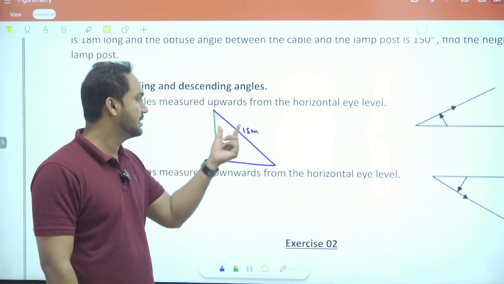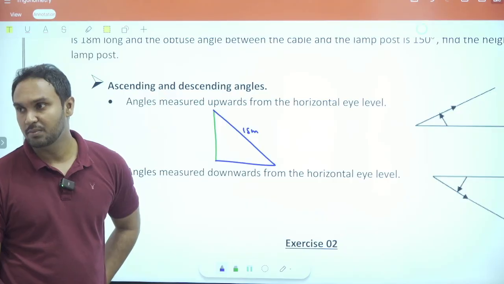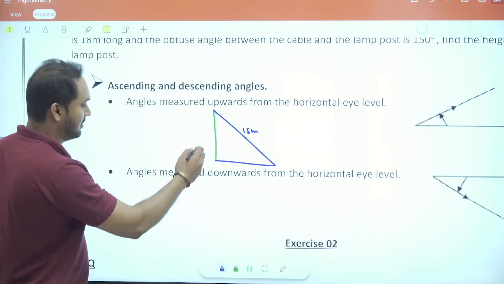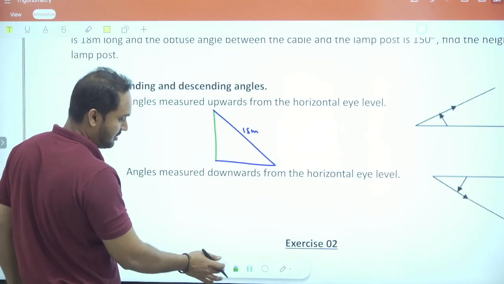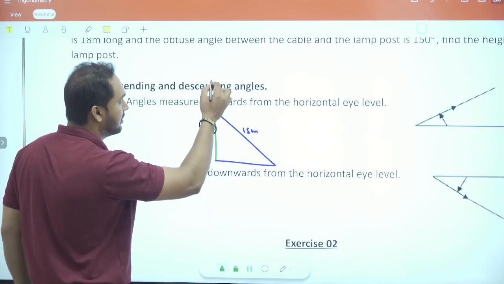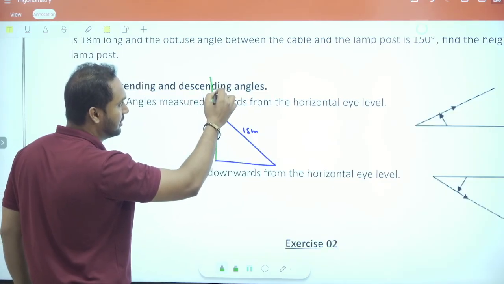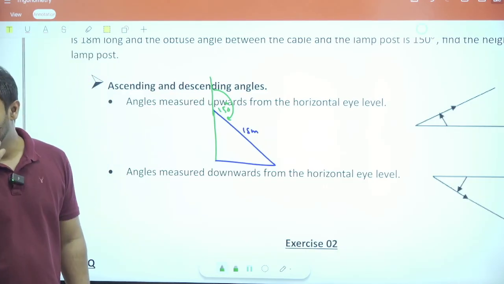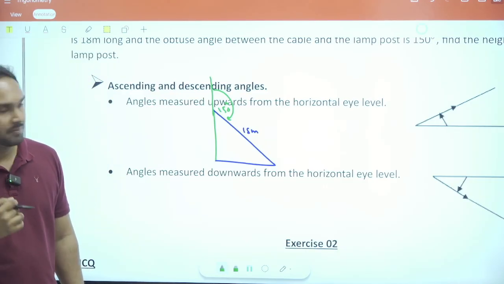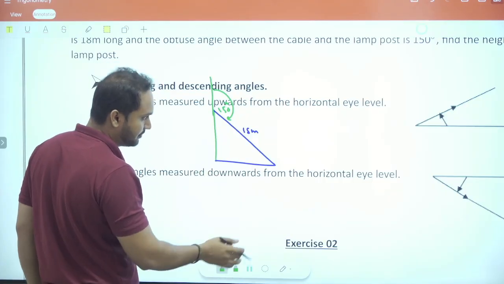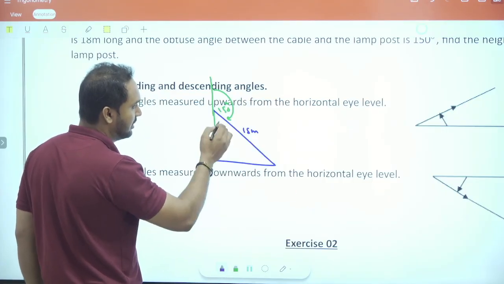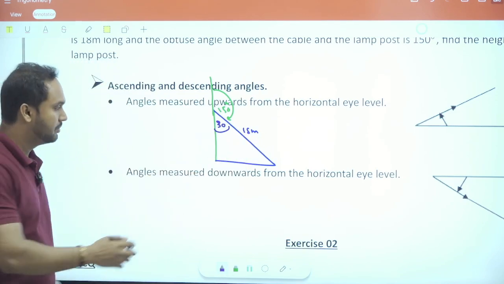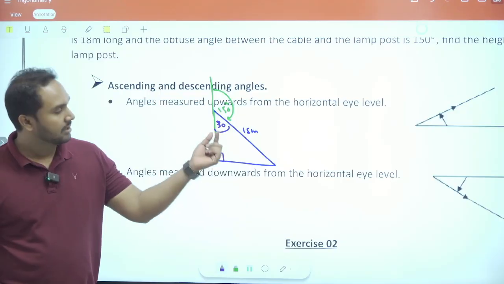So this is the lamp post, this is the cable, the obtuse angle which is more than 90. So it can't be this one, so which should it be? It should be this angle, which is 150. So that's 150, the angle between the cable and the lamp post. So this should be 30, right? This is 30. Now this should be 90 degrees.